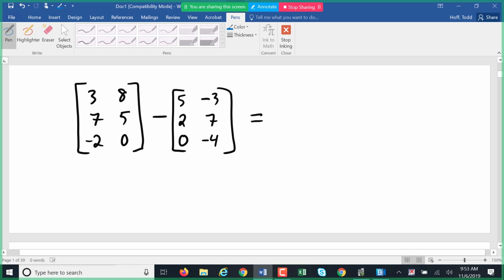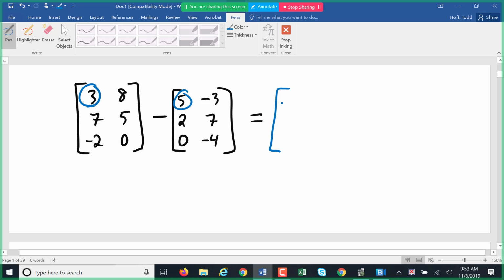They're 3 by 2. That is a requirement. We combine the corresponding elements. So the elements in row 1 and column 1 get combined to make the element in row 1 and column 1 of our solution. We're subtracting, so we subtract the elements.